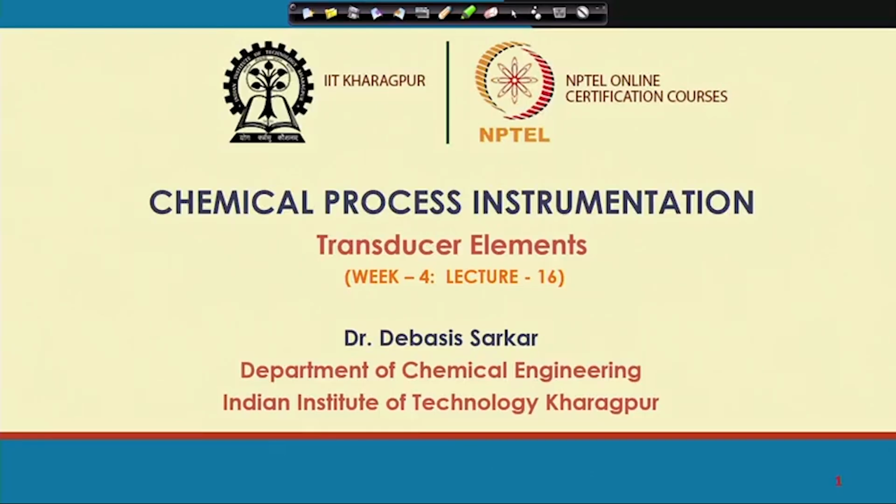Welcome to lecture 16. This is the first lecture of week 4, and in this week we will talk about transducer elements. So, what do you mean by transducer elements? Transducer elements are devices that take an input signal in one form and give you output in some other form which is more convenient for the purpose of measurement.